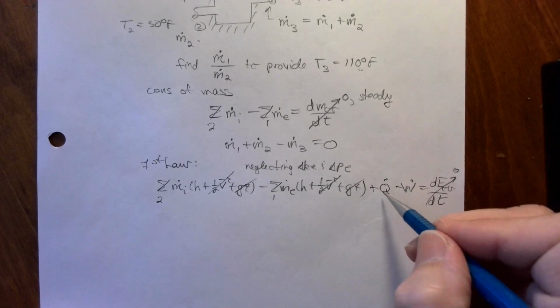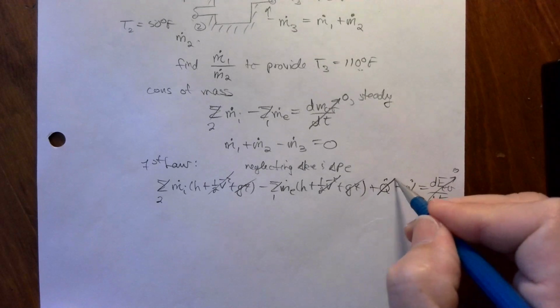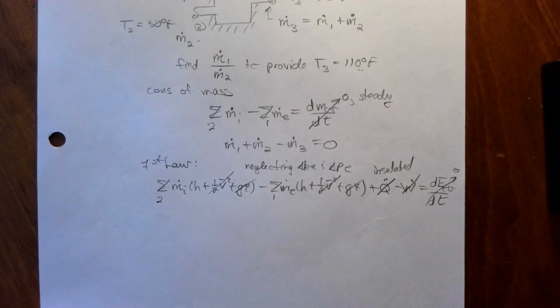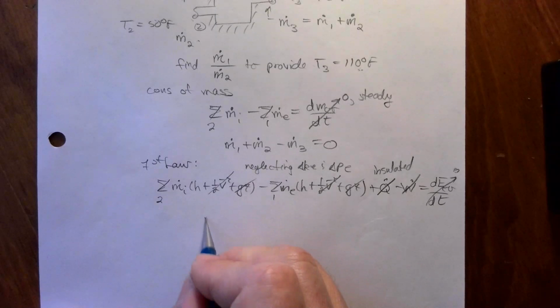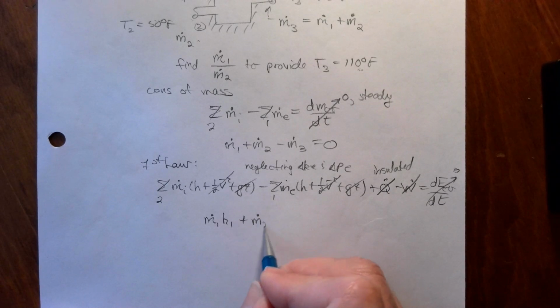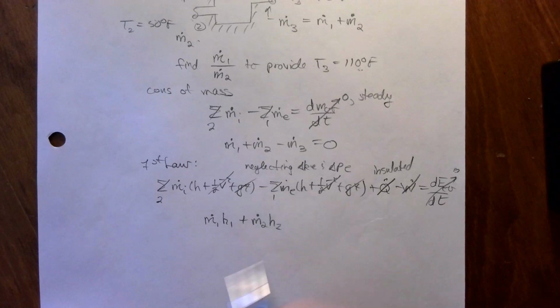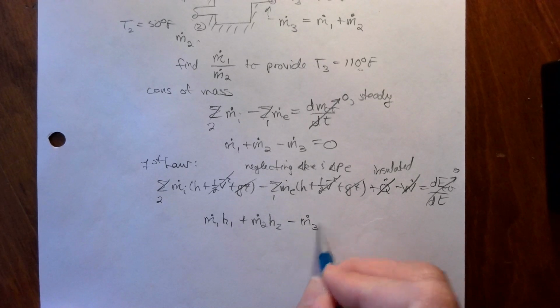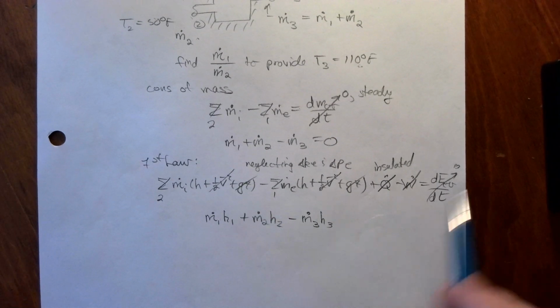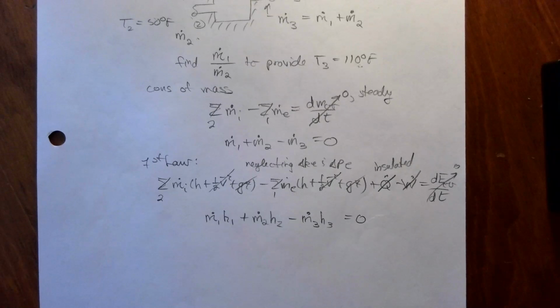The entire mixing chamber is insulated, and there is no mechanism for work. So we're left with m dot 1 times h1, one of the inlets, plus m dot 2 times h2, the second inlet, minus m dot 3 times h3, the exit, and everything else is 0 in the equation.